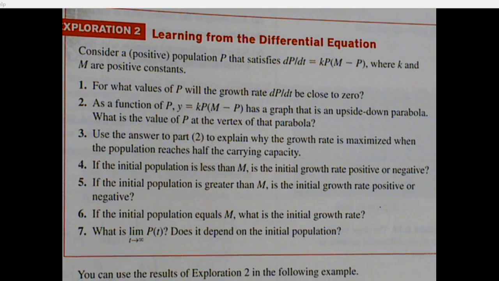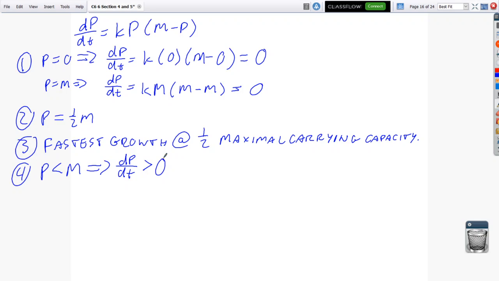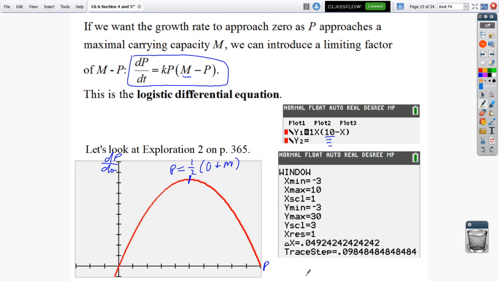Next question we have here, number 5, if the initial population is greater than m, is the initial growth rate positive or negative? Well, again, we can't talk about the population being less than 0, but we can have our population be beyond m.